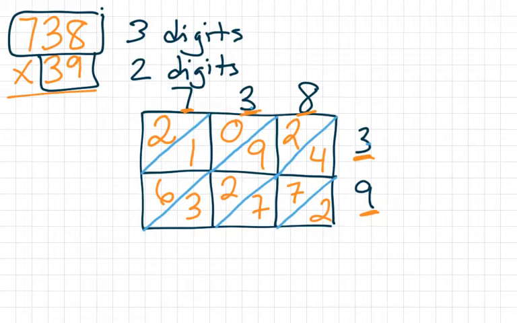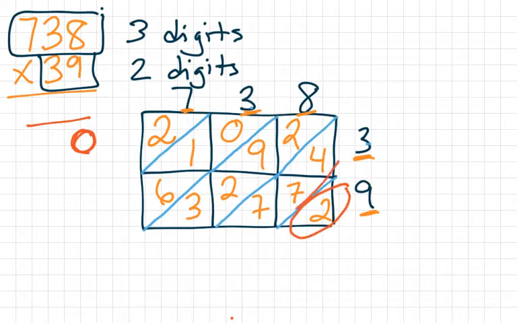Now, if you remember, when we multiplied before, we did the first row, and then the second row, but we started with a 0 to shift over because this is in the tens. The lattice method automatically allows for that shifting because the way we add up these digits is diagonally. So we get that shift.